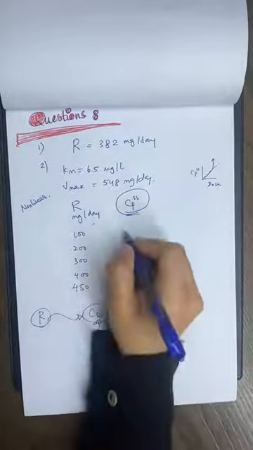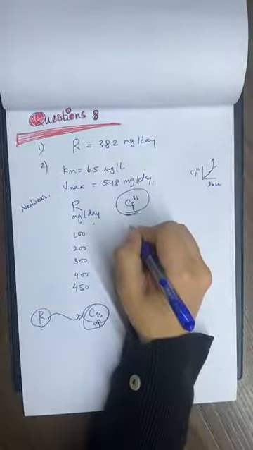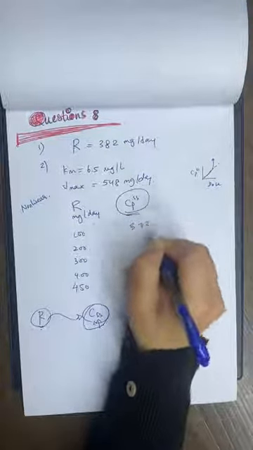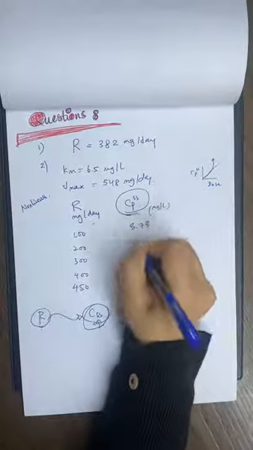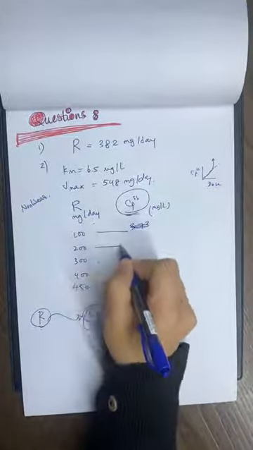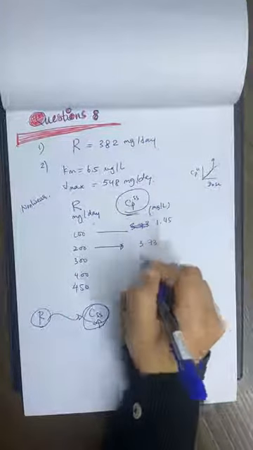If you go and substitute the numbers in the equation of the steady state, you will find that it's 203.73 milligram per liter. You will have it. This is for 200. This is 1.45.